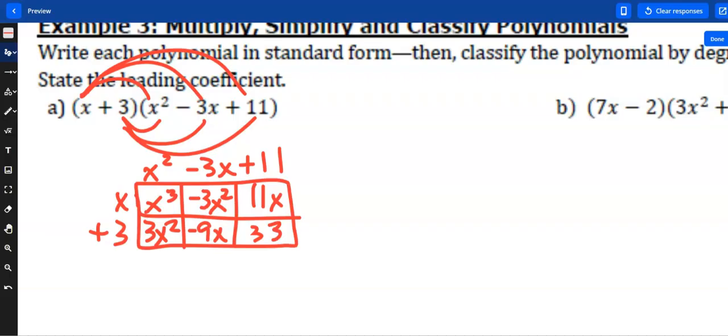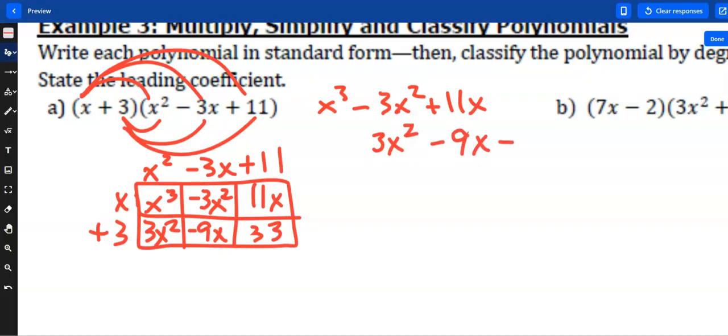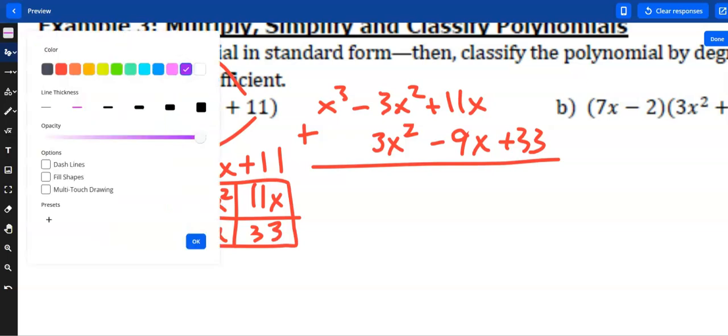For those of you who would be doing it kind of the way I drew with the arrows at the beginning, you would have your x cubed, you would have your minus 3x squared, and then your positive 11x. When you go to the next part, you would put your 3x squared here, your minus 9x here, and then your positive 33 would be in its own column because it's separate. Now, if you would rather do that so that you see them vertically lined up before you switch, right?